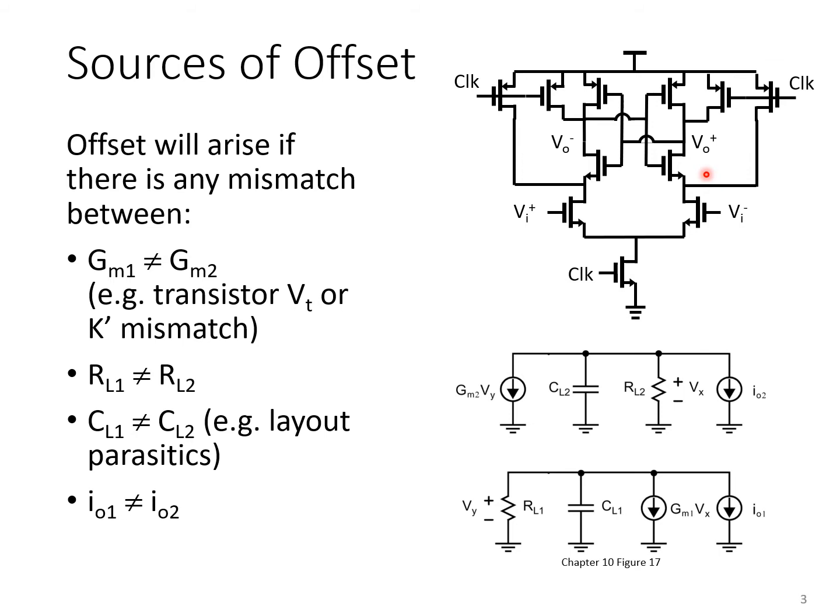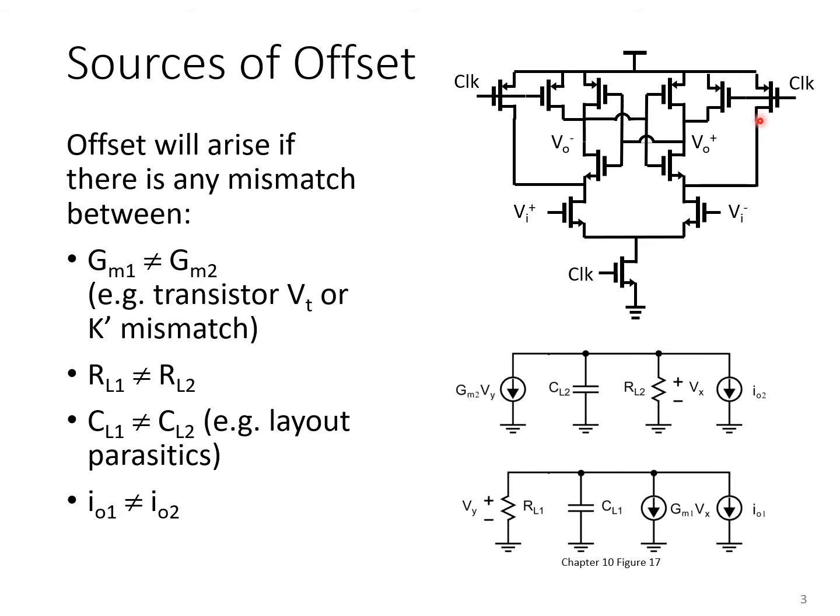But inevitably, that's impossible. Systematic sources of offset could arise if, for example, the wiring that's used to make any of these connections are different on the left half circuit and the right half circuit. You might think this is easily avoided, but in many cases it's not. In fact, it may be inevitable.